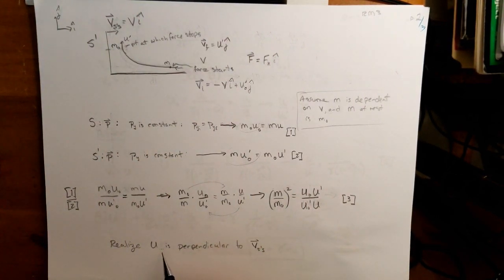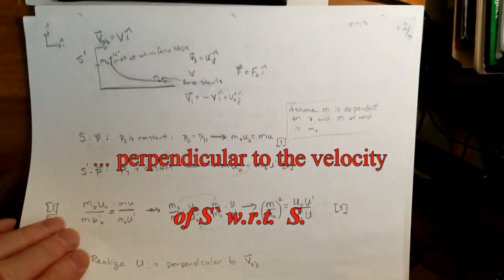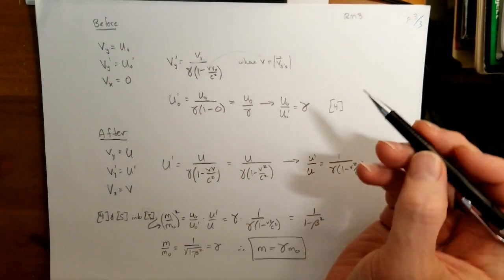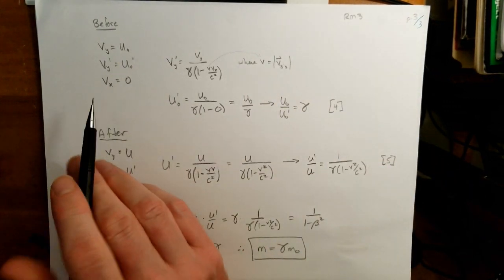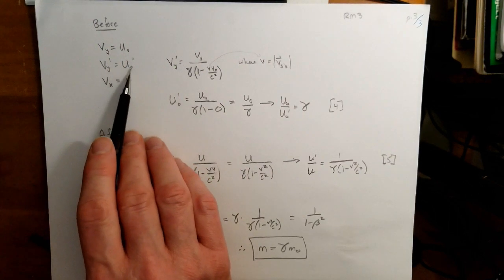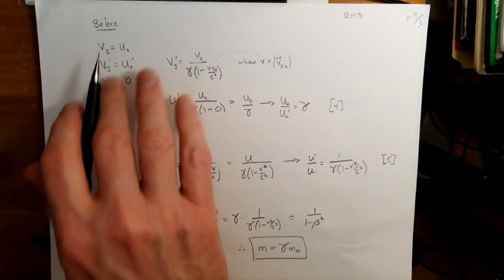Now realize that u is perpendicular to the velocity. So we need to deal with relativistic velocities perpendicular to the direction of the frame movement. And so Vy is equal to u naught, Vy prime is u naught prime, and Vx is equal to 0. Please refer to the other video to understand why we're doing this.